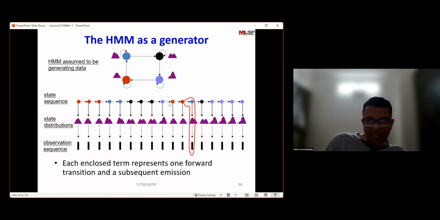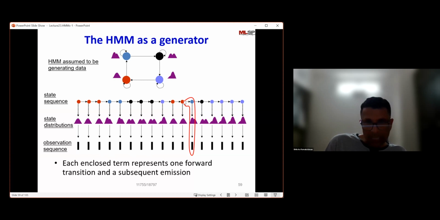So the most probable state sequence that ended at the red state and then transitioned to the blue state while generating all these observations is simply the extension of the most probable state sequence that ended at red by the blue state.